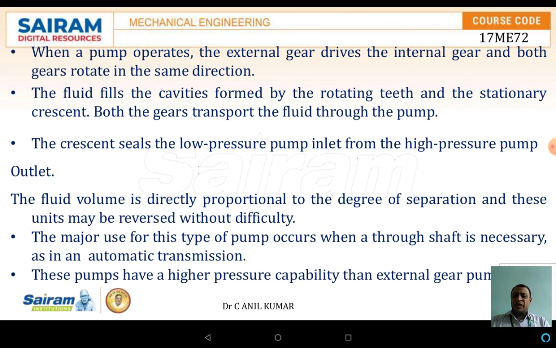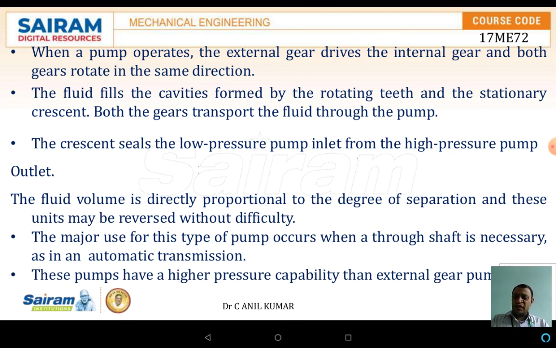When the pump operates, the external gear drives the internal gear and both gears rotate in the same direction. The fluid fills the cavity formed by the rotating teeth on the stationary crescent. Both gears transport the fluid through the pump. The crescent seals the low pressure pump inlet from the high pressure pump outlet.